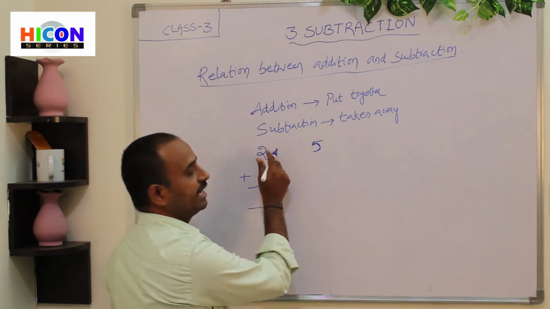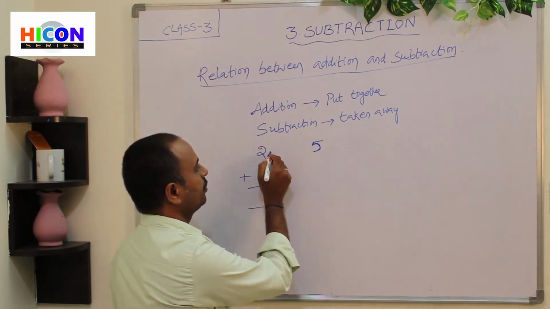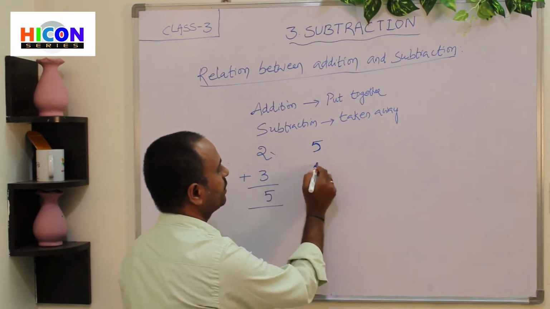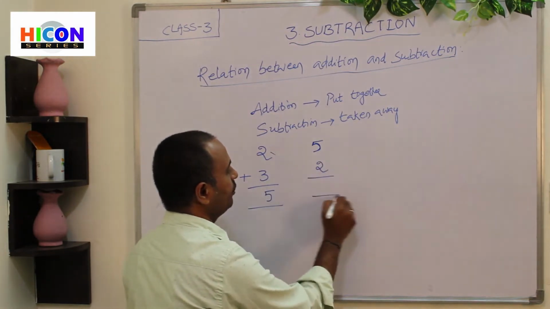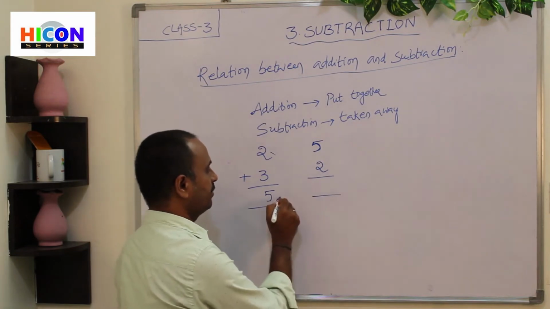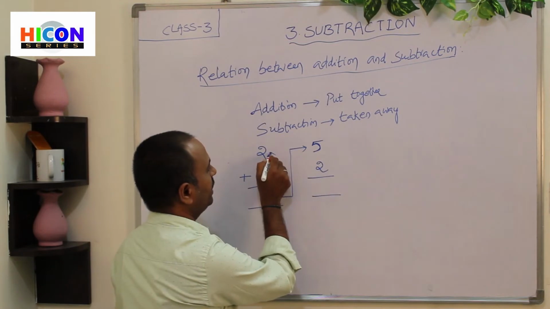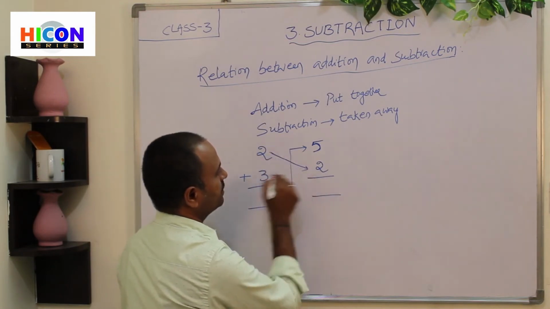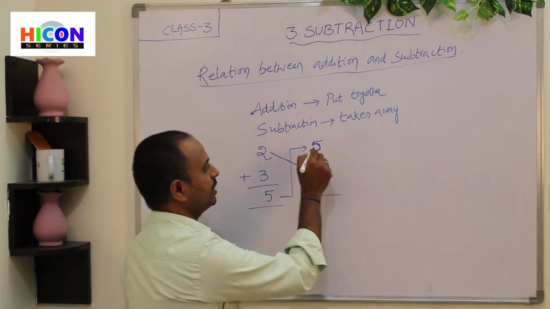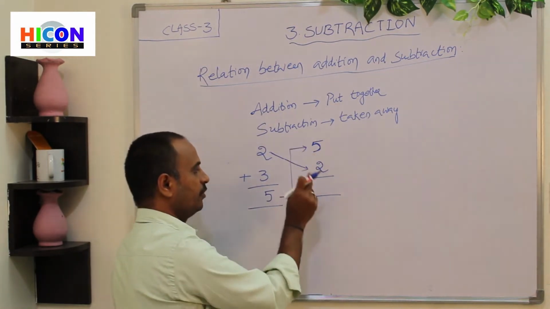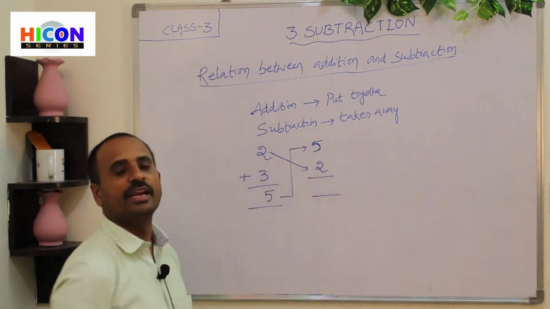If you take away 2 from 5, write 2 here, then what will you get? I have written 5 first and taken 2 as the second number. If you subtract the first number from the sum, then you will get the second number in the addition.